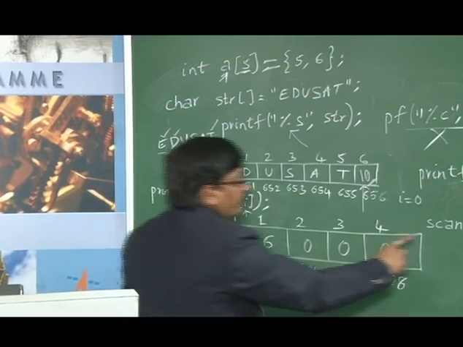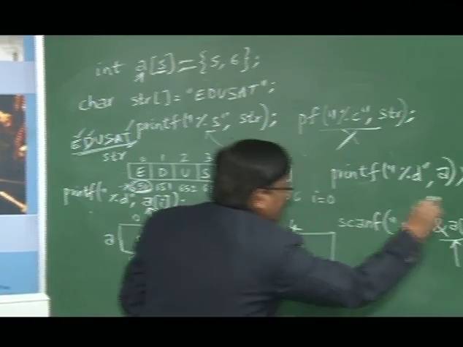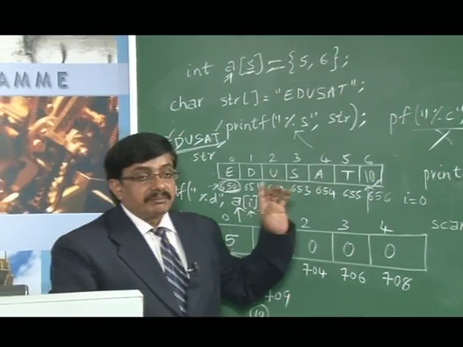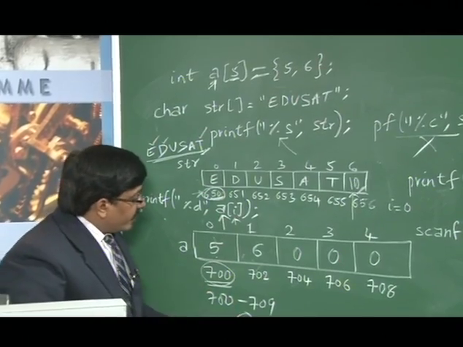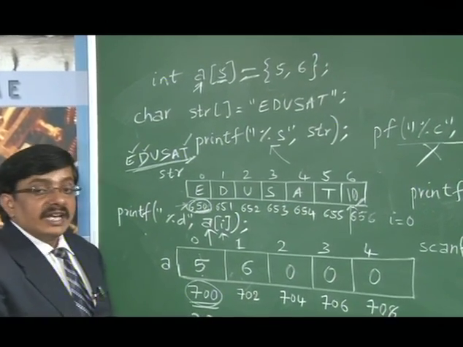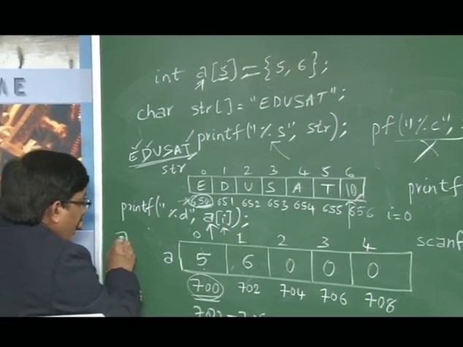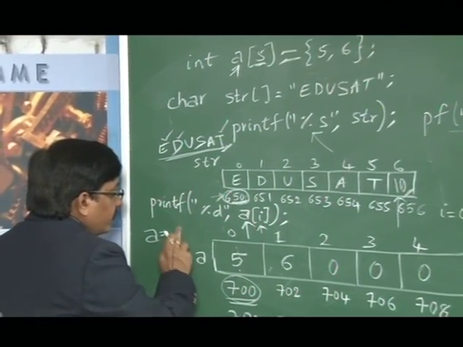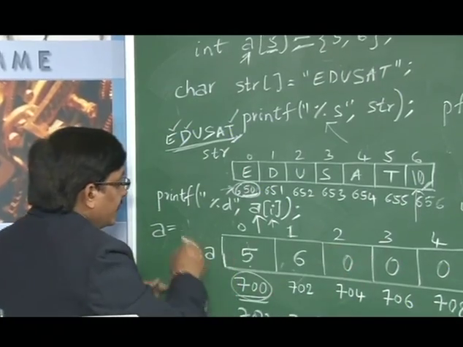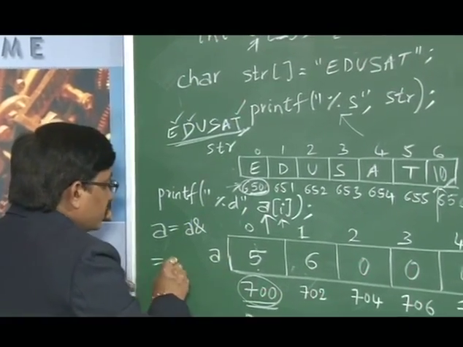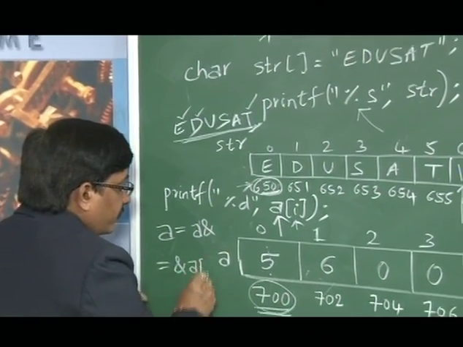So in the case of scanf we must use the ampersand, but when I am reading a string I do not use the ampersand, because whenever I am using a string I will be using the name of an array. One thing you have to note here: the value of a, which is the name of this particular array, is the same as the address of the array, which is also the same as the address of a[0].